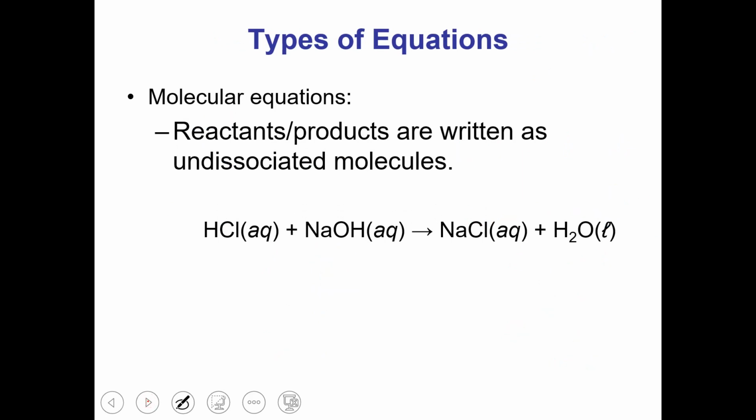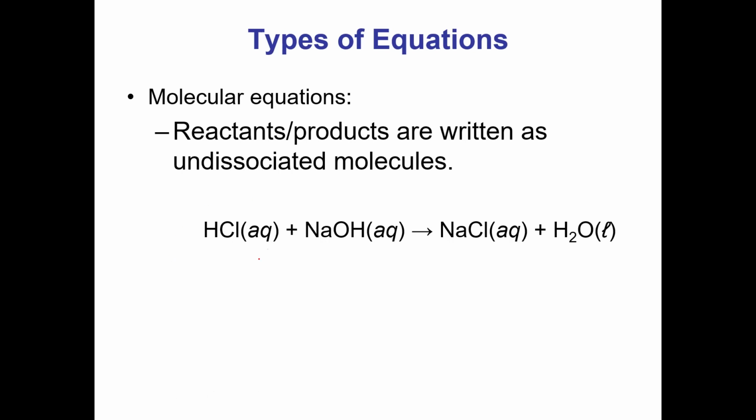Now, the other thing we need to talk about when dealing with equations is molecular versus ionic equations. So a molecular equation is what you're used to seeing. The reactants and products are written as undissociated molecules.